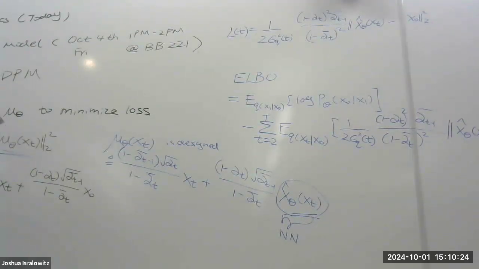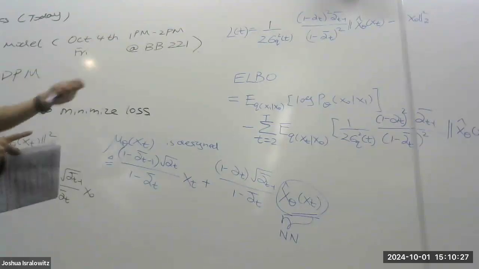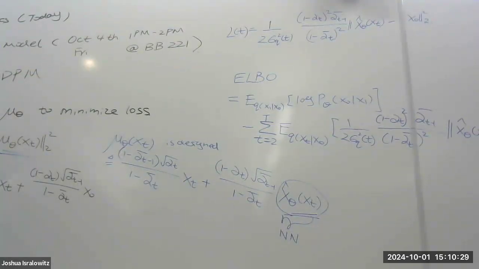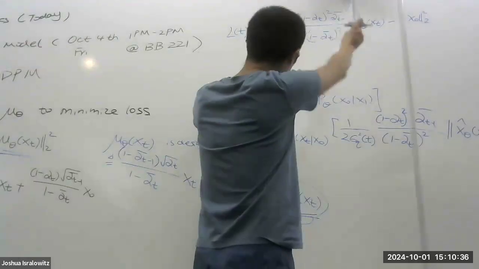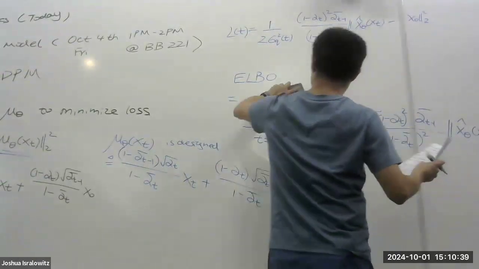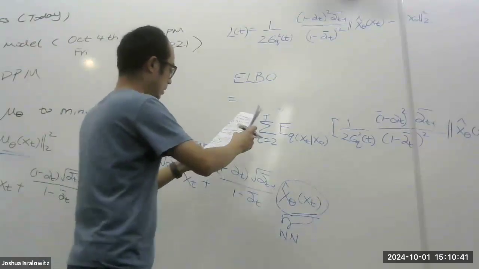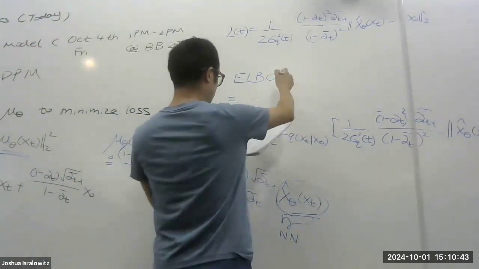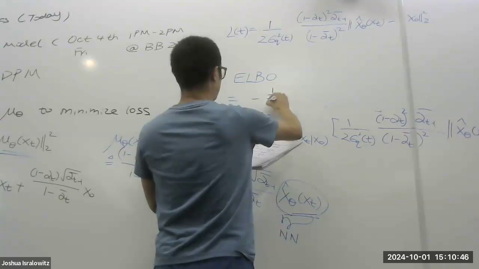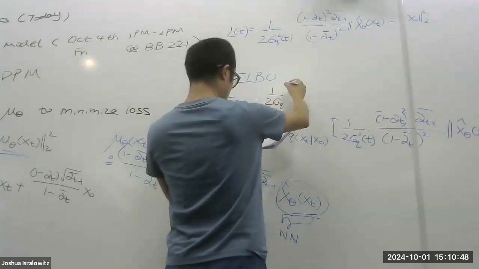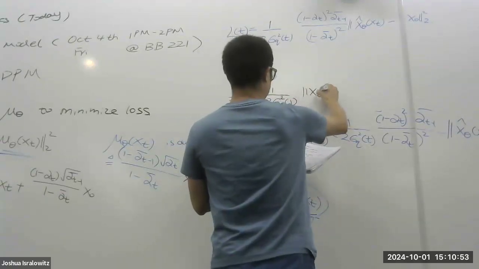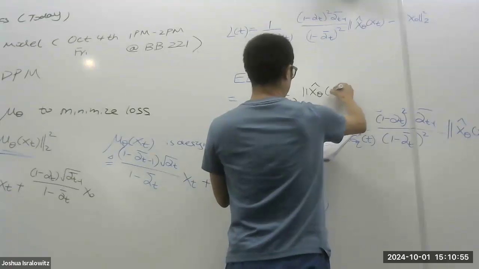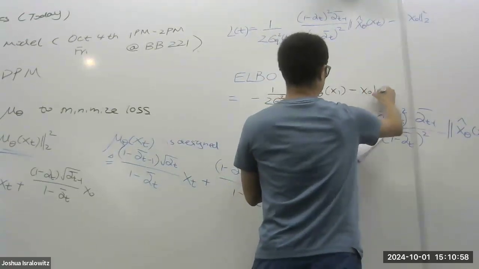In fact, you can show this top one right here. I'm not going to do this math, but you have to trust my derivation. This right here is minus 1 over 2 sigma q squared of x theta of x1 minus x0.